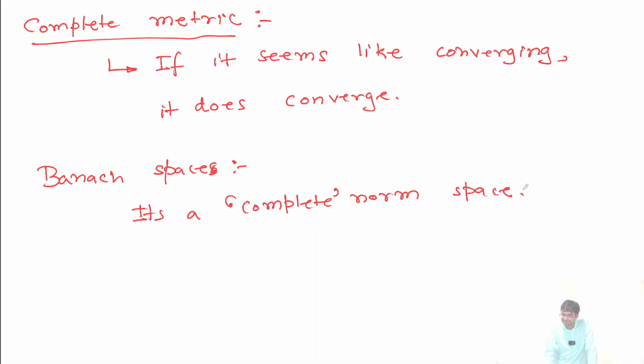And what does complete norm space mean? That in the space of norm, if you have a convergent series, it will converge. Okay, the Cauchy sequence basically.